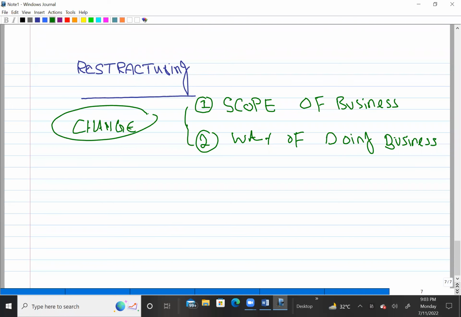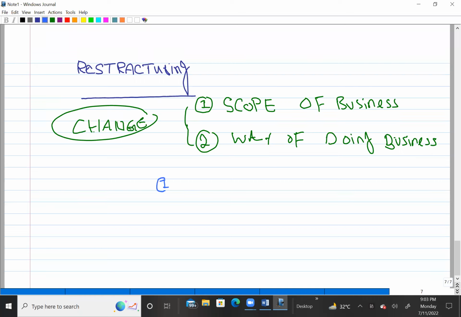So if the company is planning something in which they will change the scope of the business, or they will change the way of doing business, we will say that the company is going to do restructuring.